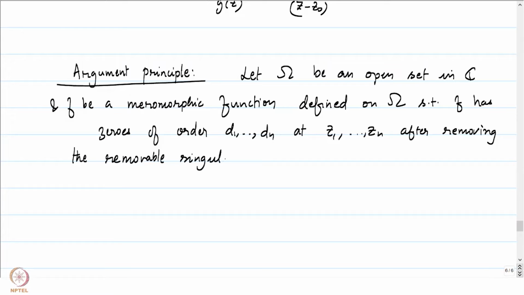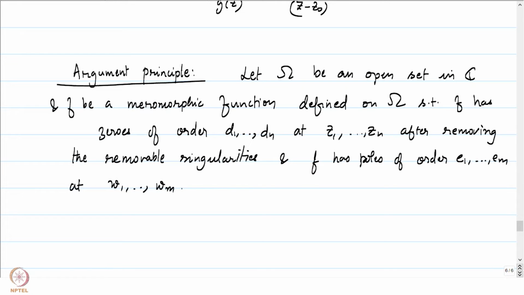So there are only finitely many zeros, with orders d1, d2 up to dn here, and f has poles of order e1 to em, let's say, at points w1 to wm. The setup is quite straightforward.